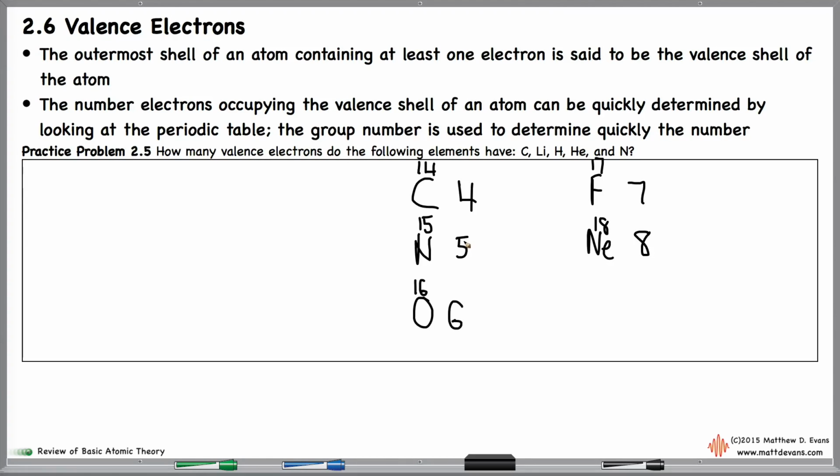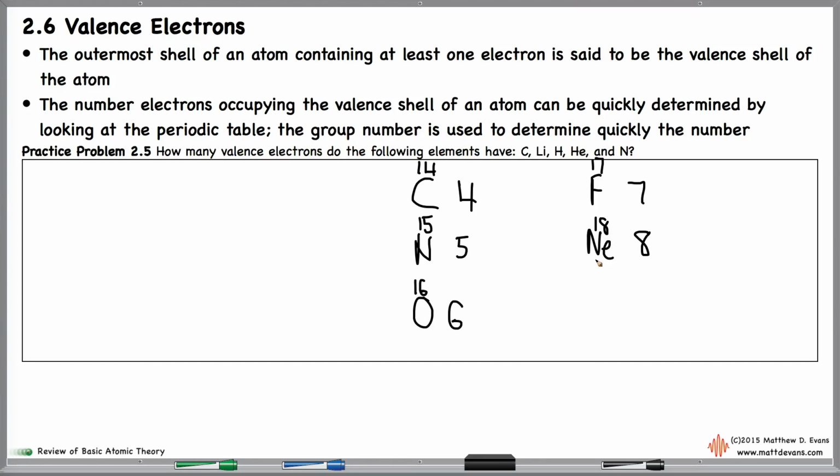So especially in the case of carbon, nitrogen, oxygen, and fluorine, they're going to want to pick up electrons: carbon wants to pick up 4, nitrogen 3, oxygen 2, and fluorine 1. That's why we typically see carbon make 4 bonds, nitrogen 3 bonds, oxygen 2, and all the halogens make 1 bond, and the noble gases don't make any bonds.